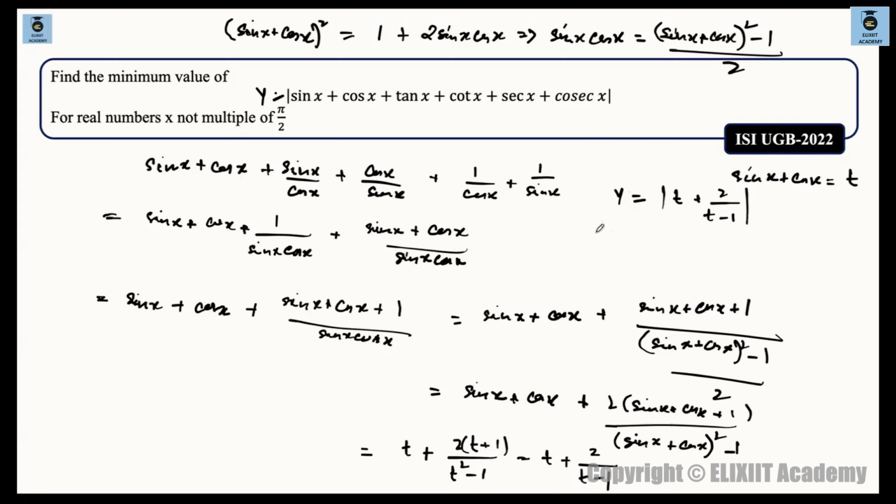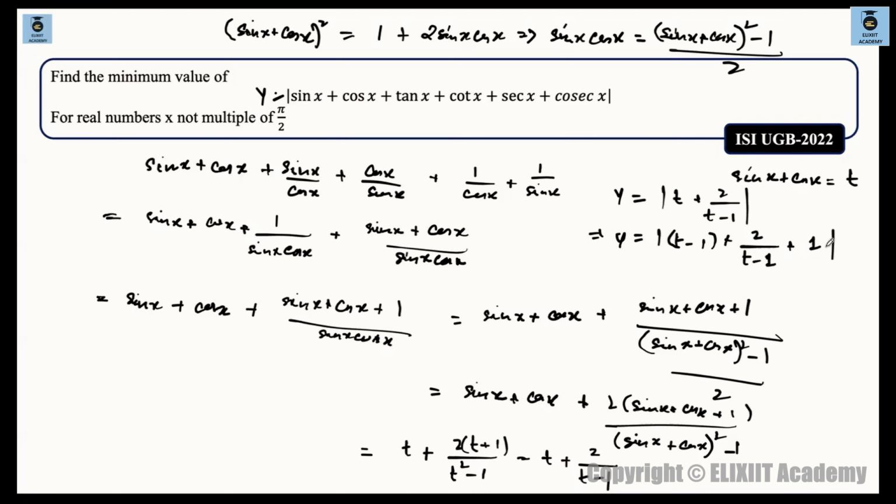AMGM का तो फीलिंग डेफिनेटली होगा ही. ठीक है, forcefully I am writing this thing to be t minus 1 plus 2 times of t minus 1, 2 times of 1, 2 upon t minus 1. Minus 1 we have taken forcefully, so plus 1, so that here we are having t minus 1 and 2 upon t minus 1. Definitely we are going to use AMGM over here. AMGM वाला feeling तो definitely you must be having from here, t minus 1 and 2 upon t minus 1.